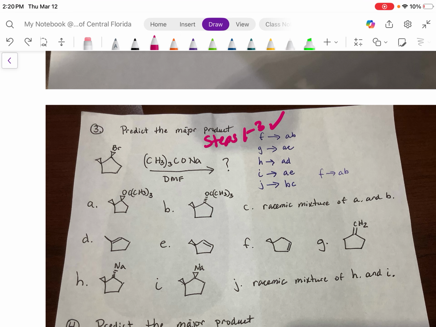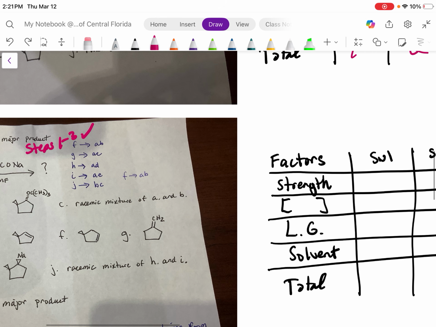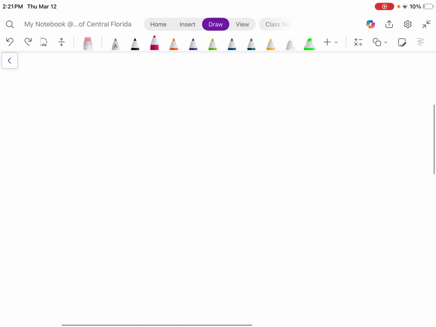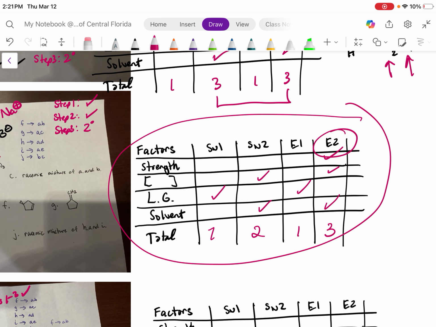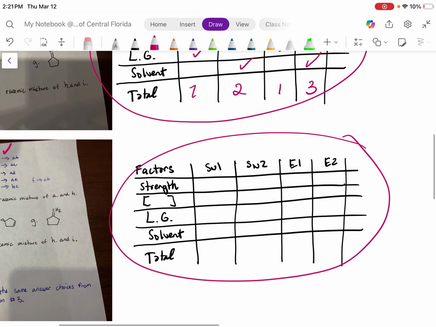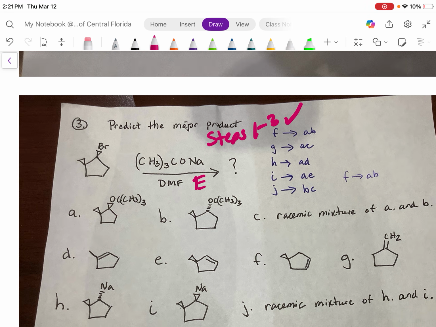The strength analysis is also going to be exactly the same. Everything on this table right here is going to be the exact same for this one down here, so we don't need to redo it. So we know it's going to be an E2 favored mechanism.